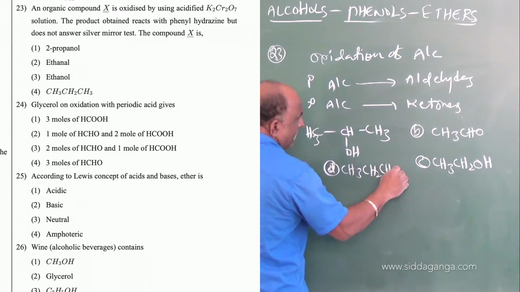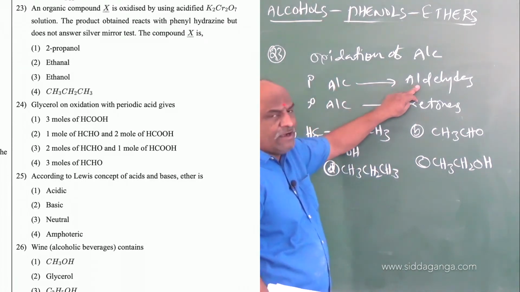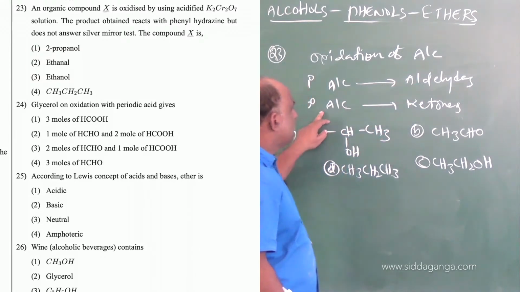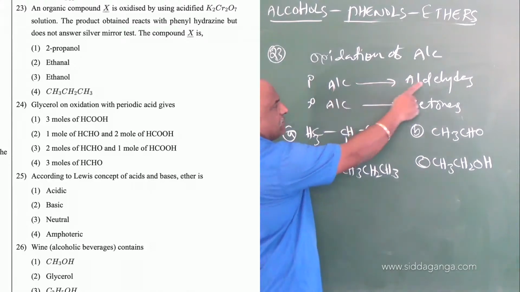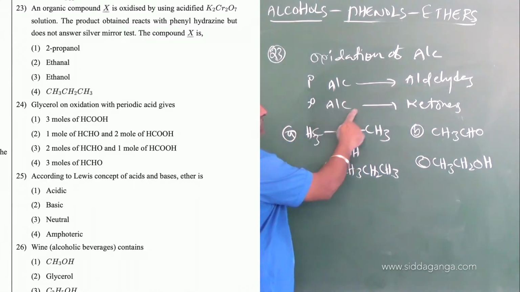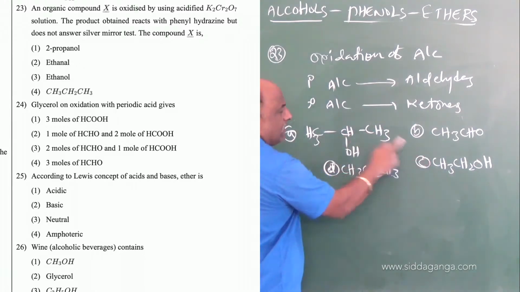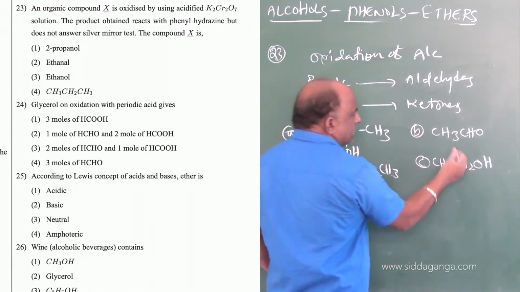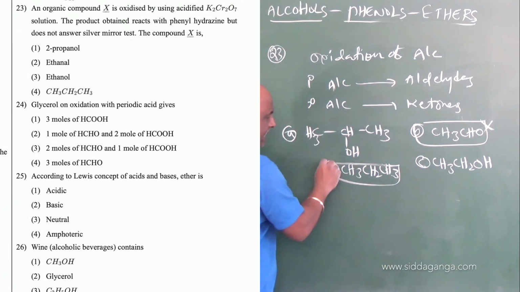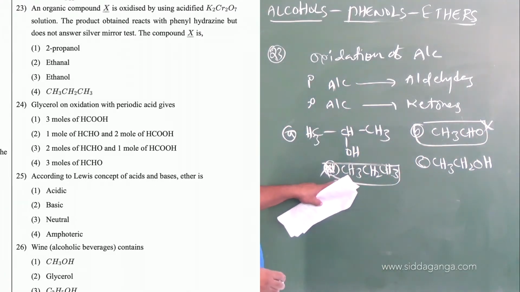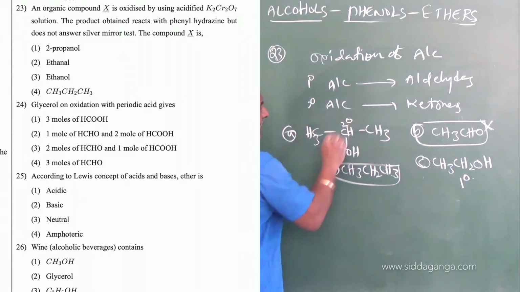So here, what type of alcohol do we require? Primary alcohol oxidation gives aldehydes. Secondary alcohol oxidation gives ketones. So remember, primary alcohols on oxidation give aldehydes, secondary alcohols on oxidation give ketones. These are the examples. This example is not correct because it is an aldehyde functional group and that one is an alkane. Comparing, this is a primary alcohol and that is a secondary alcohol.